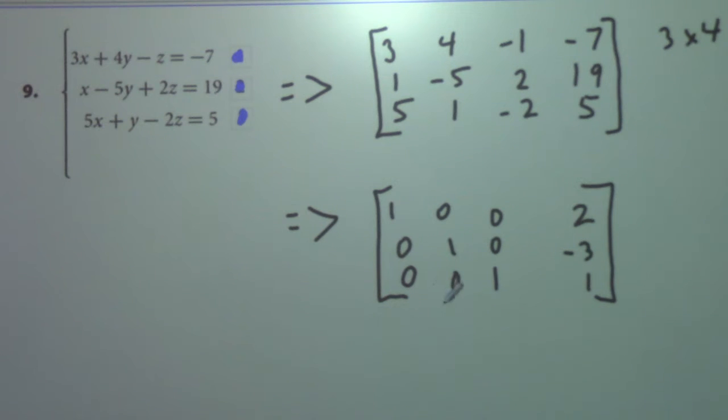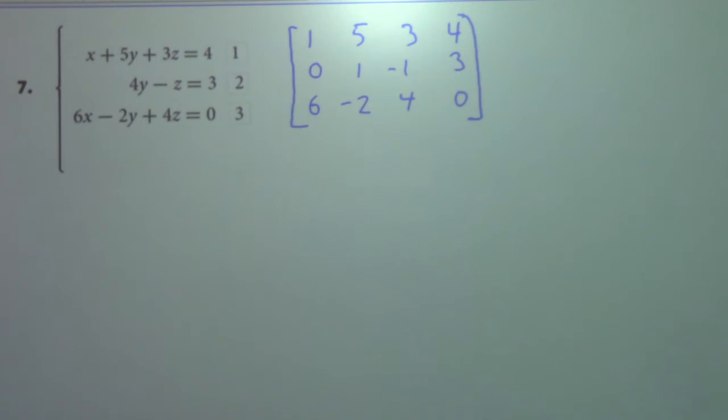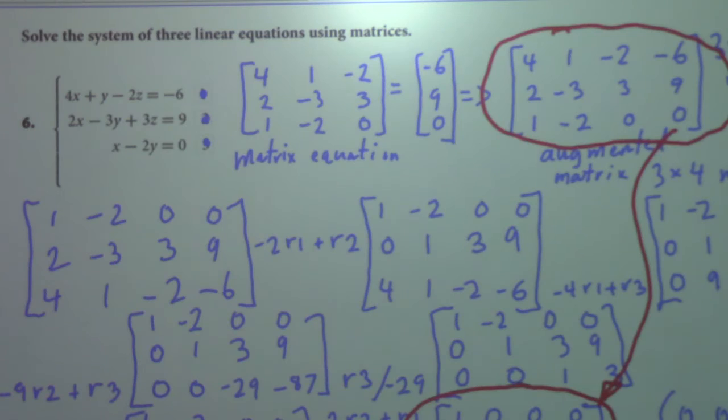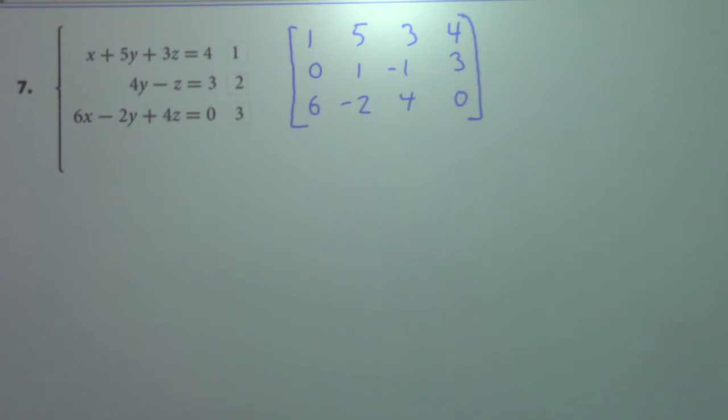And what this is, your calculator does in less than the blink of an eye what it takes, this is number 6, worked out by hand, doing by hand what the calculator does in a fraction of a second. So that's how it does it, by row operations.